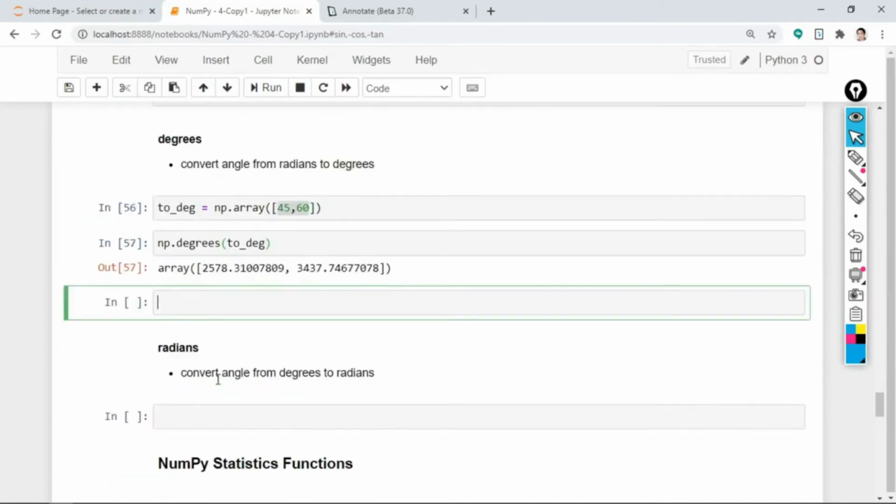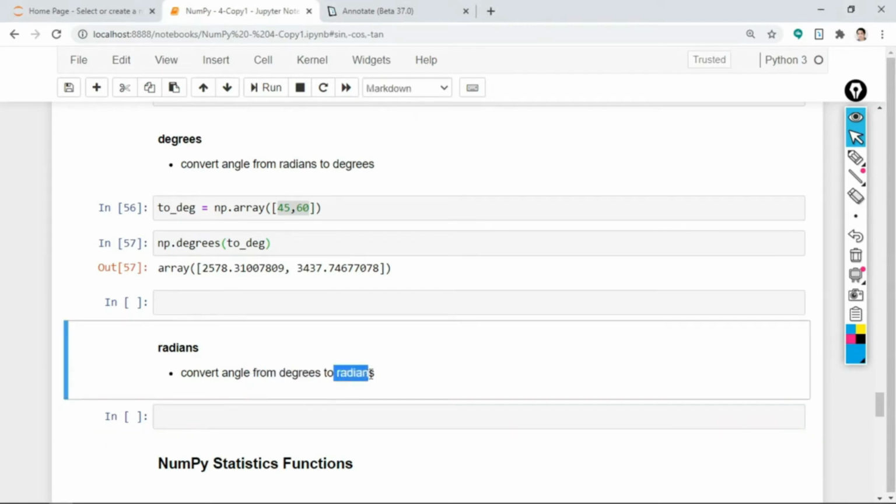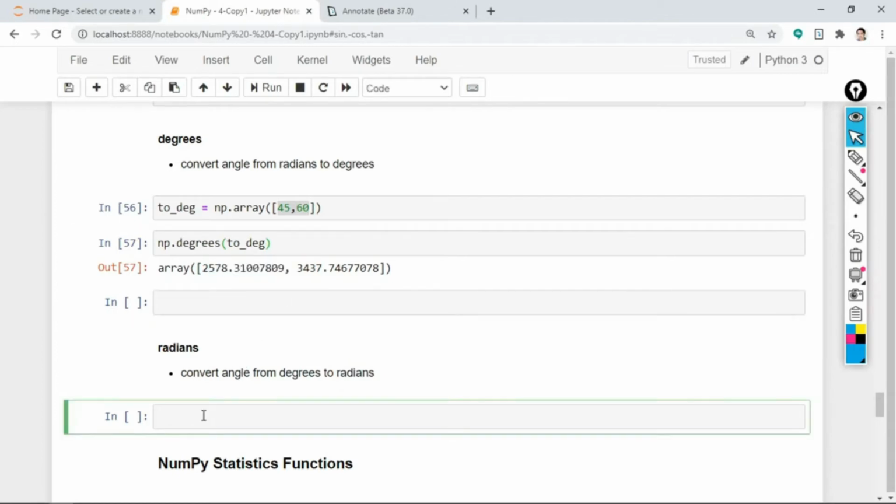Now the opposite: we have the degree value where we are interested in radians. Let us use np.radians. We have np.array with 25.78 and 34.37.